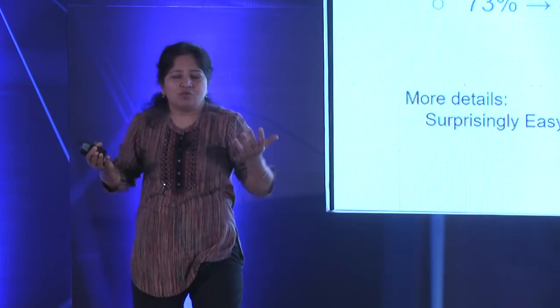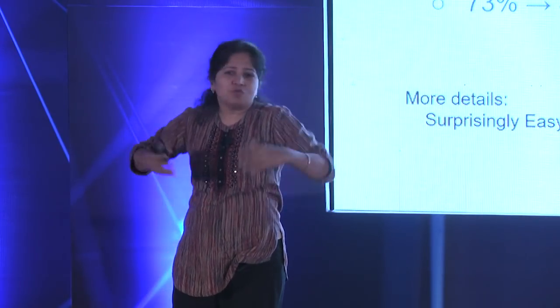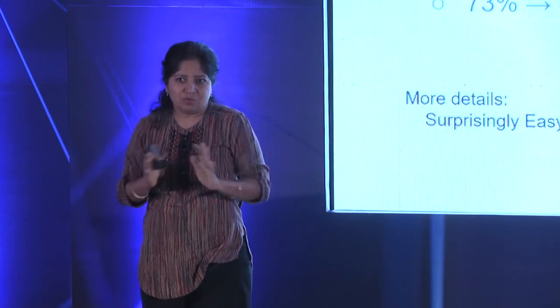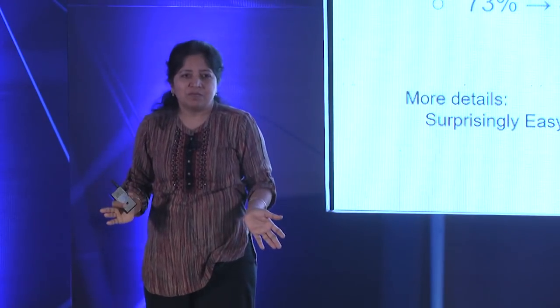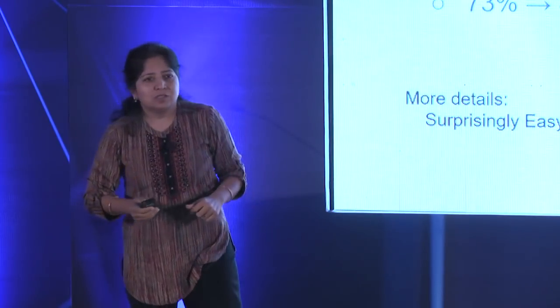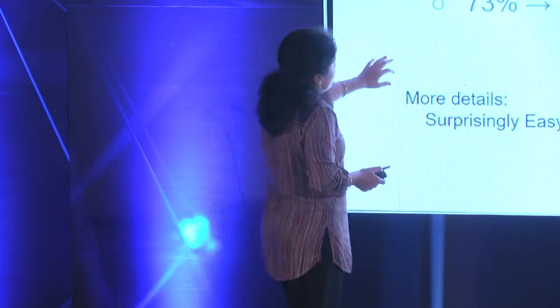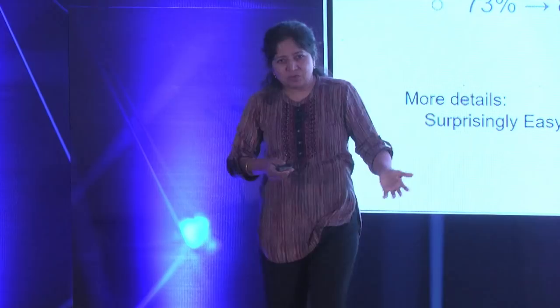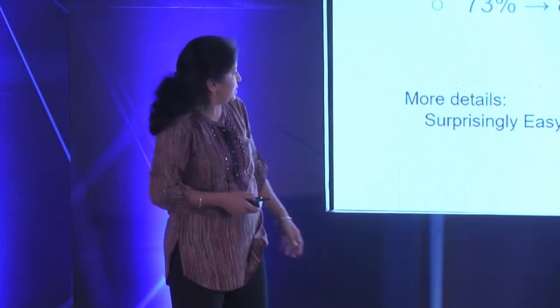Now, if you are doing faithful translation, you don't want to ignore some words of the input. If you don't want to lose information from the input, you should be attending over the entire input tokens. We found that if coverage is higher, it means your attention distribution is somehow sounder, and coverage increased from 73% to 83% using the joint attention model.